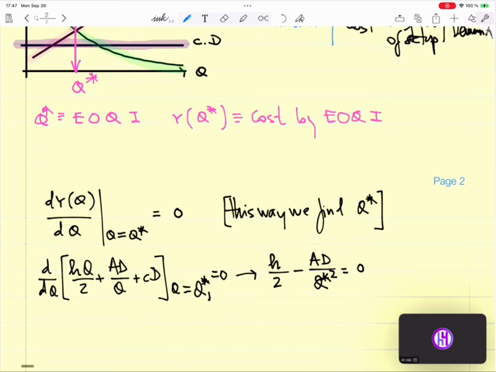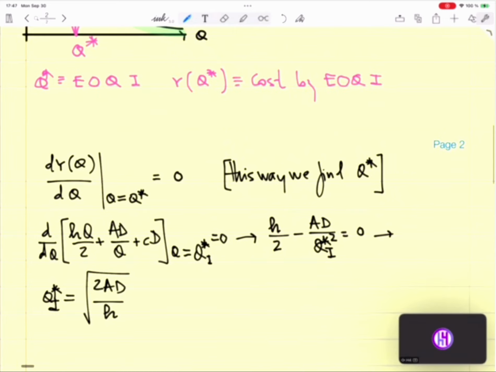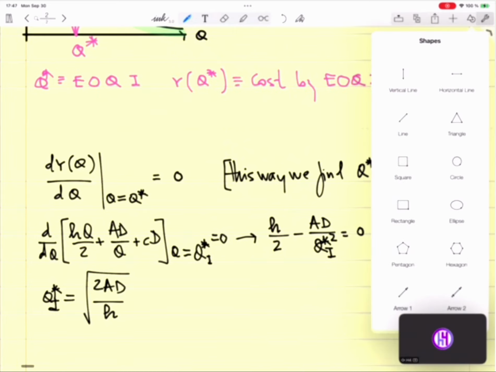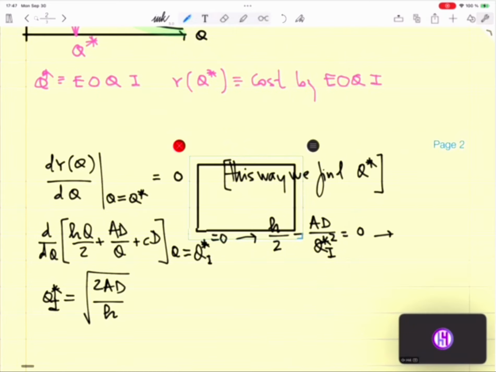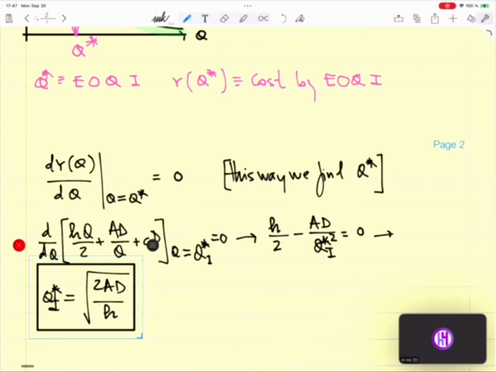So then we go here on Q1 star, and we can find the solution to the problem, the square root of 2AD divided by H. This is the Q star by this model.